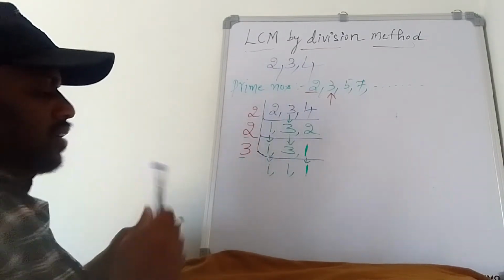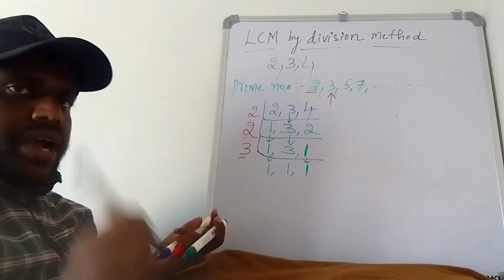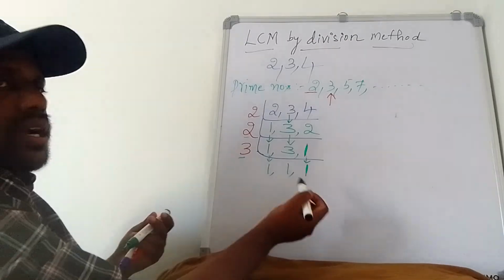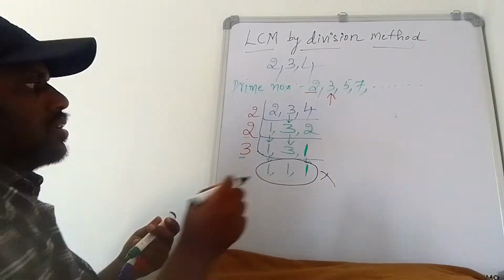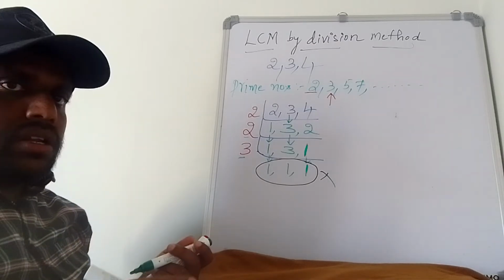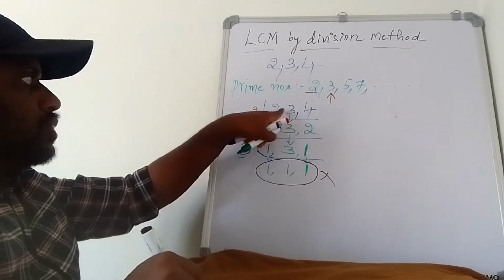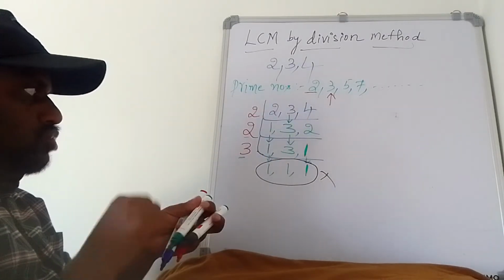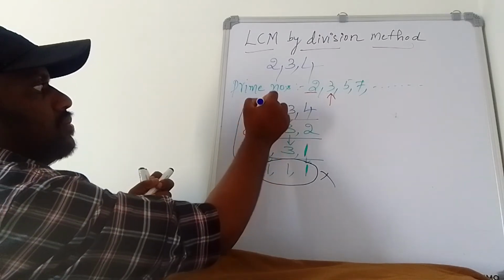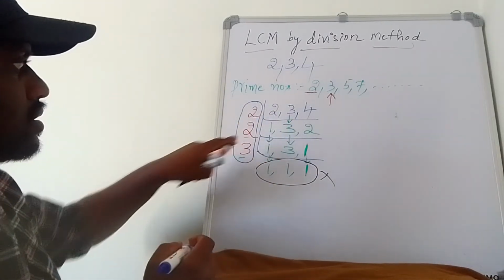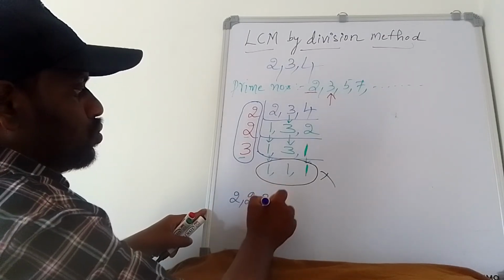Now, in the previous example also I said, to find the LCM, don't consider these ones. Consider only the prime numbers which you have taken to divide the numbers. Which are those? Here. Now consider these prime numbers: 2, 2, 3.